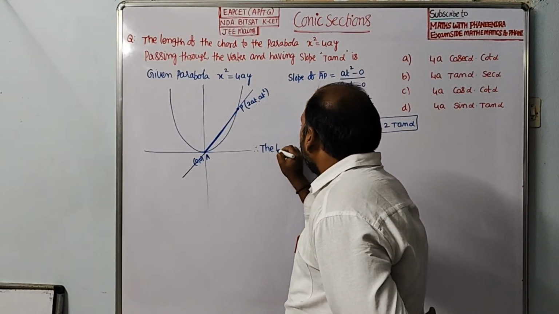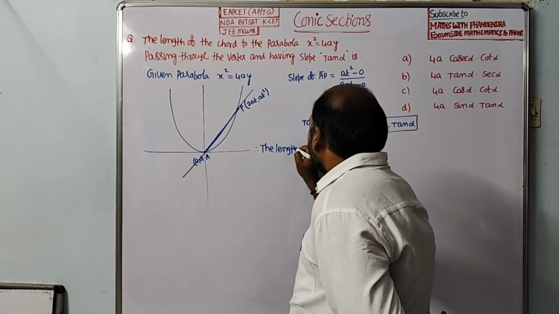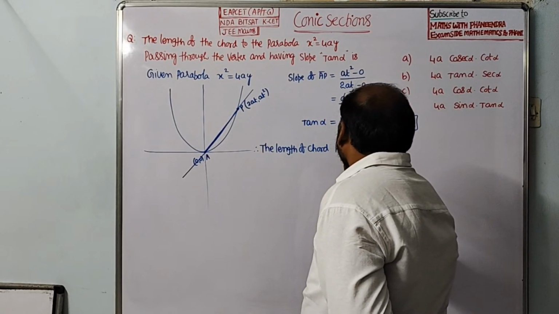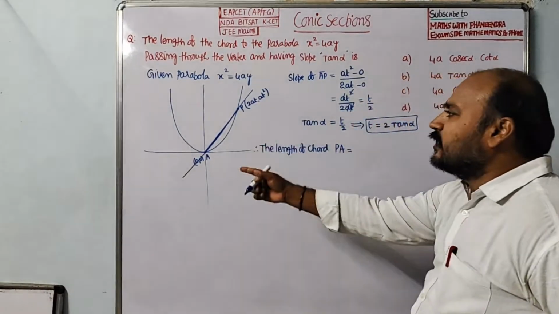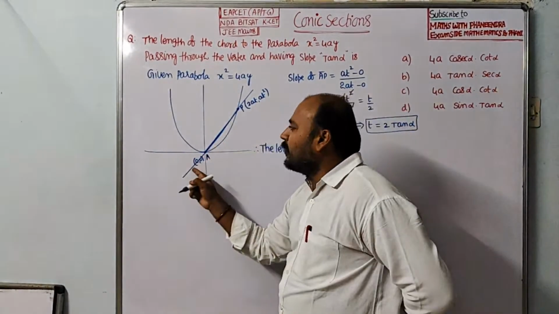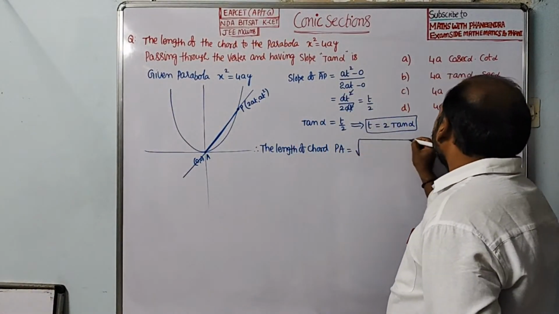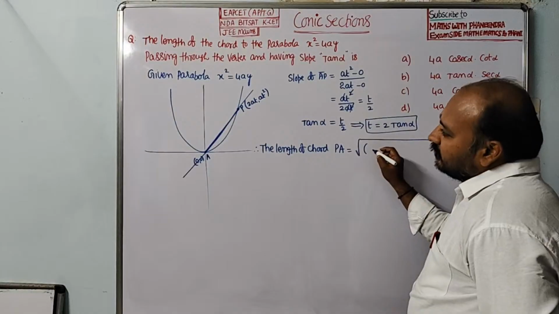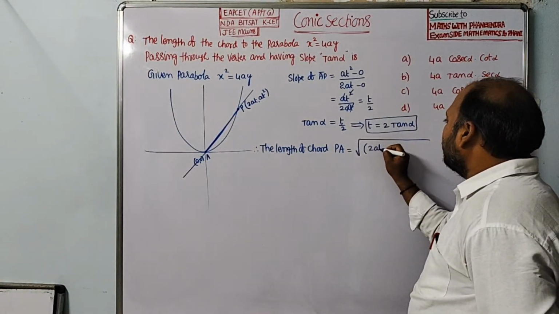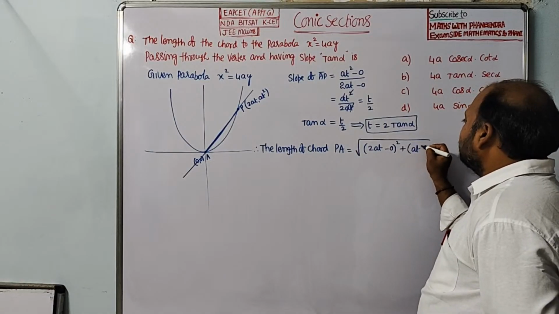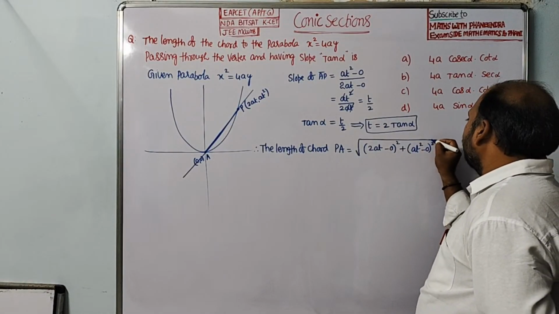The length of chord PA equal to, so distance between 2 points. Among these two, one point is origin, root of x square plus y square. So root over 2at minus 0 whole square, according to the formula itself I am writing, plus at square minus 0 whole square.